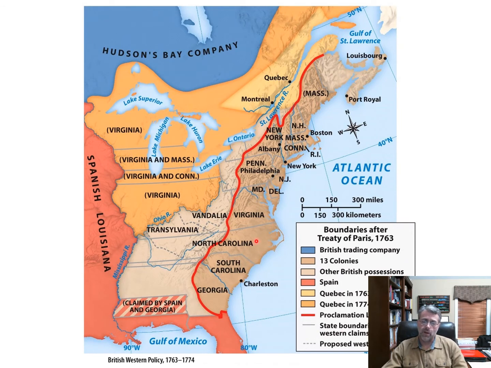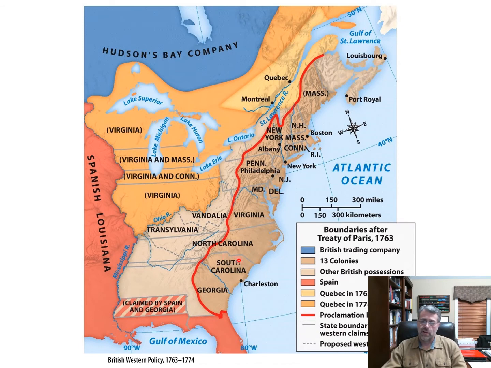Looking at a map here, we can see where this proclamation line lays. Of course, this is just an arbitrary line. It follows the spine of the Appalachian Mountain Range. At this point, this is kind of a de facto border between colonial settlements and Indian territory. There's no actual border here.